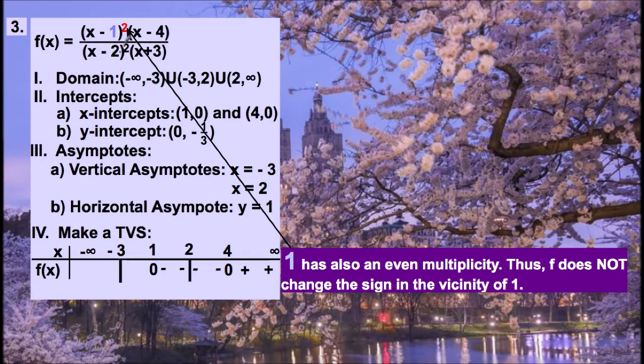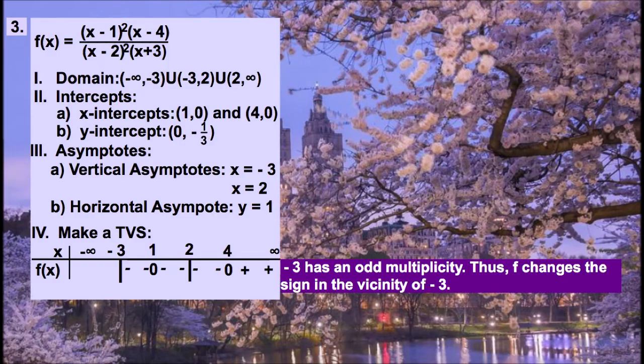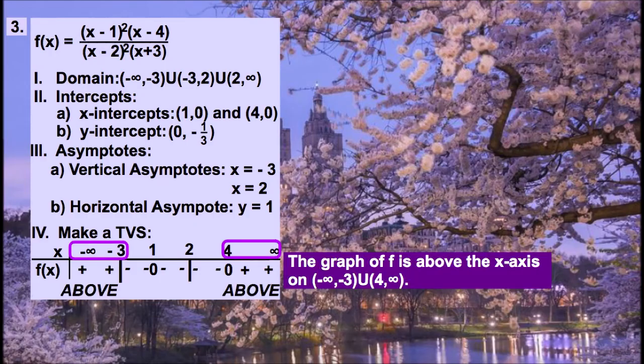1 also has an even multiplicity, thus f does not change the sign in the vicinity of 1, and continues to be negative. Negative 3 has an odd multiplicity, thus f changes the sign in the vicinity of negative 3, from negative to positive.